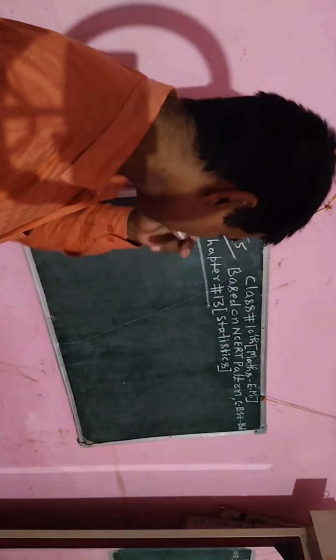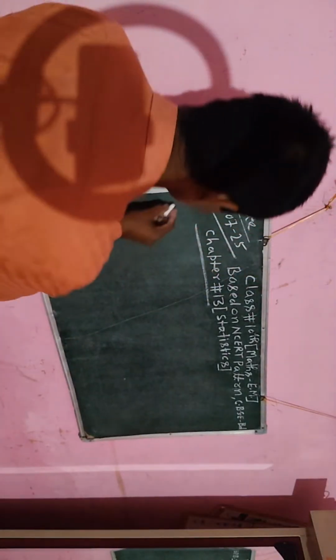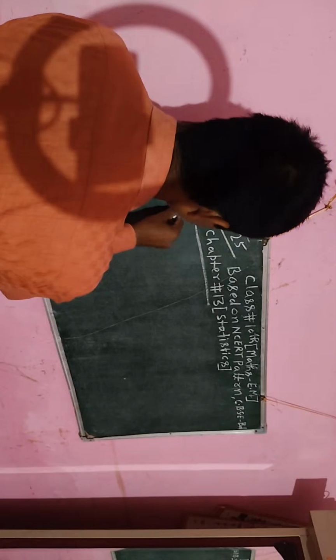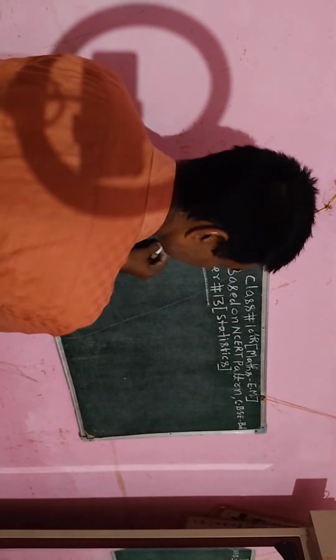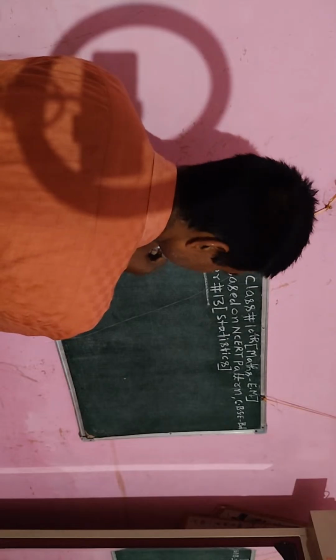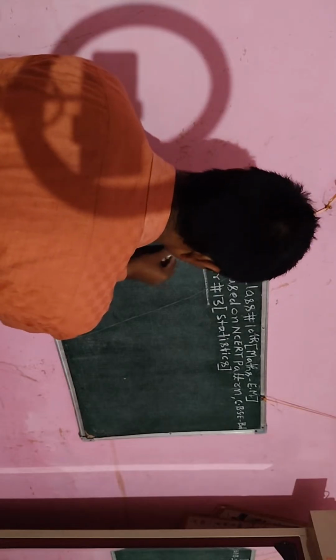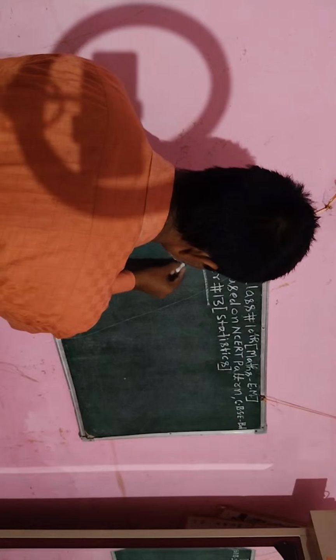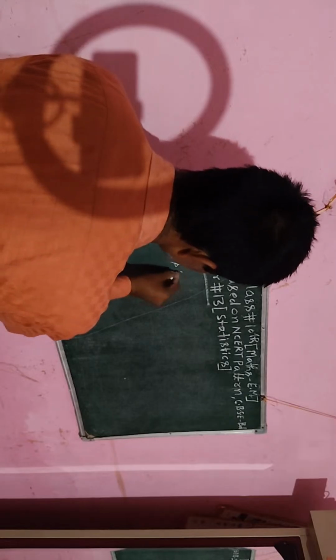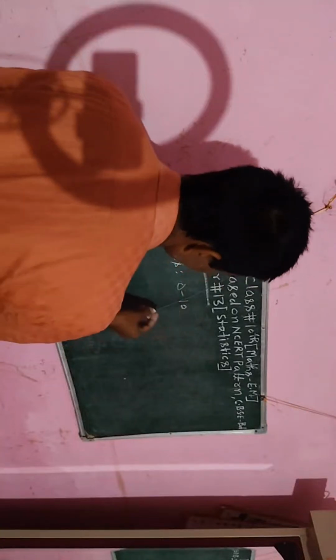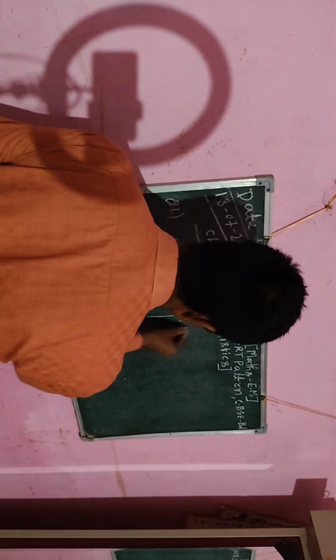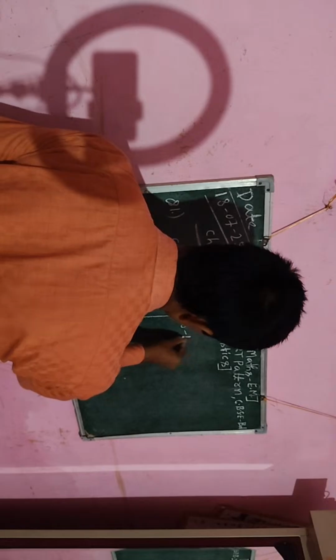Okay, now here I am going to take one question. Suppose that one group data is written here. One I am going to say is the class. Now this class I am taking from 0 to 10 and the other 10 to 20.